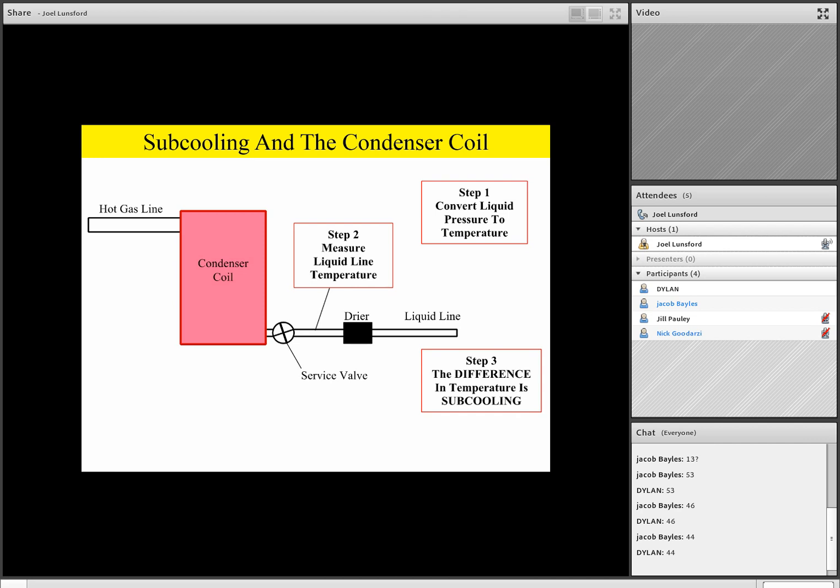So if the subcooling number is high, that coil is full of liquid. If the subcooling number is low, the condenser is empty. If the subcooling is about 10 to 14, 10 to 16, based on the SEER rating of the unit, we'll consider that normal subcooling level. Any questions or comments on subcooling and what it tells us about the condenser coil?